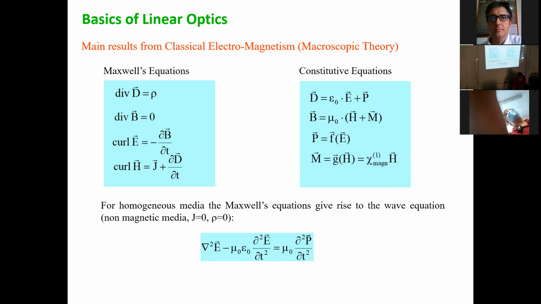Now, what does this equation tell you in general? When you have an electromagnetic wave, this has an electric field associated, E. If this electromagnetic wave gets inside a medium, what happens? The electric field will displace charges.